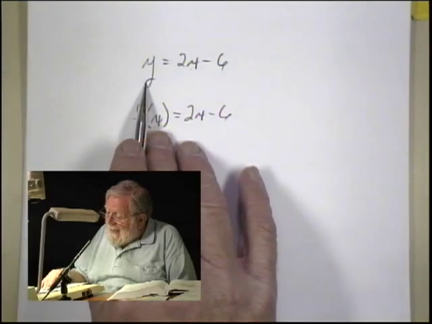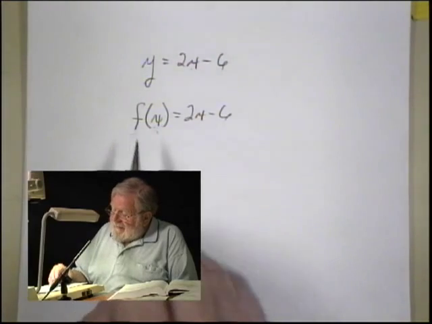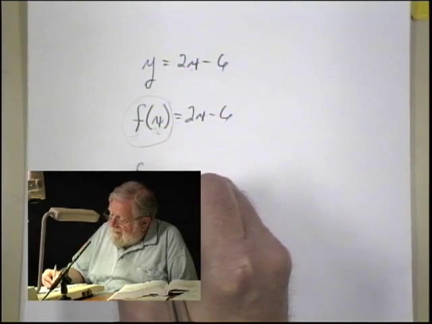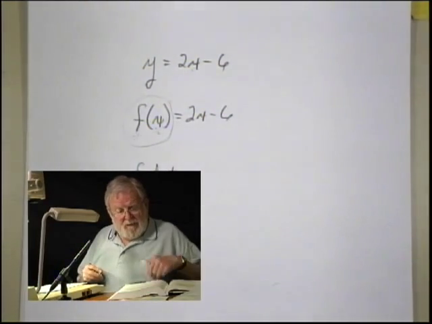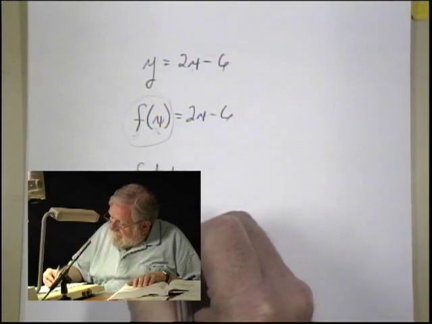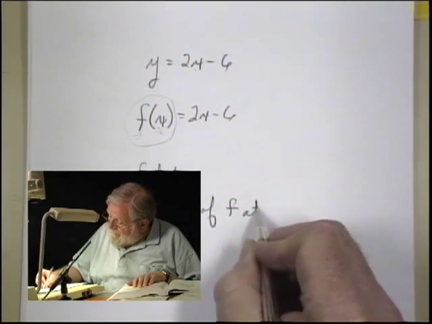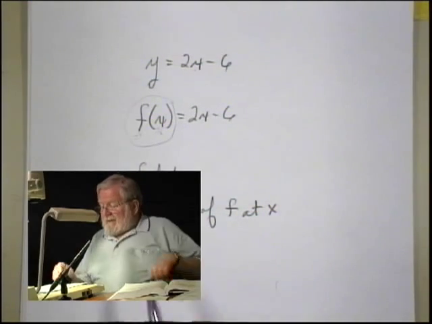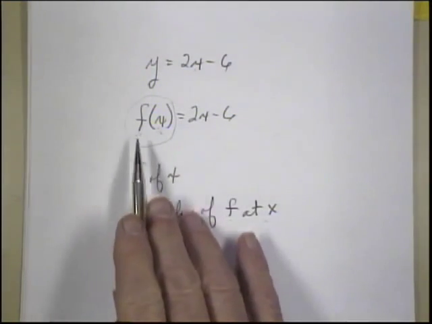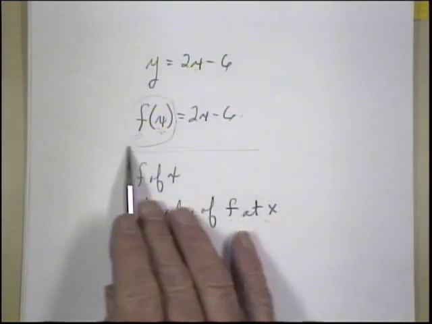The value y depends on the x value. When we see this, it translates into f of x, or the value of f at x. So f of x equals 2x minus 6 shows us that this is a function.